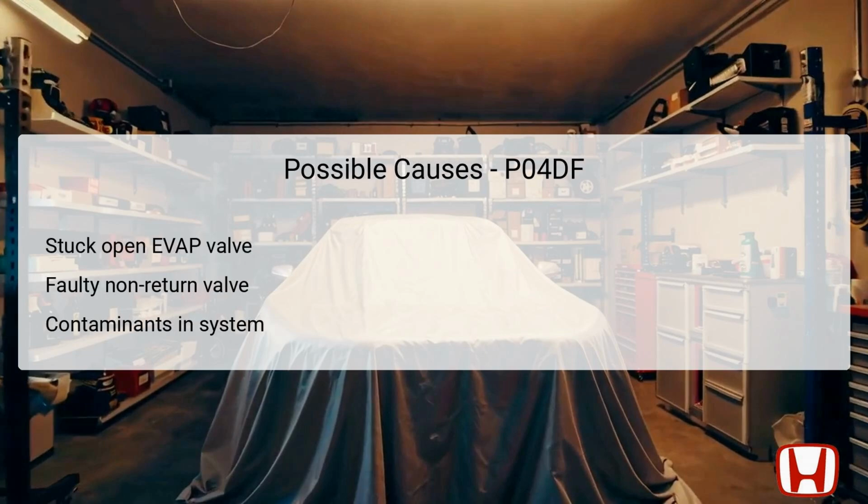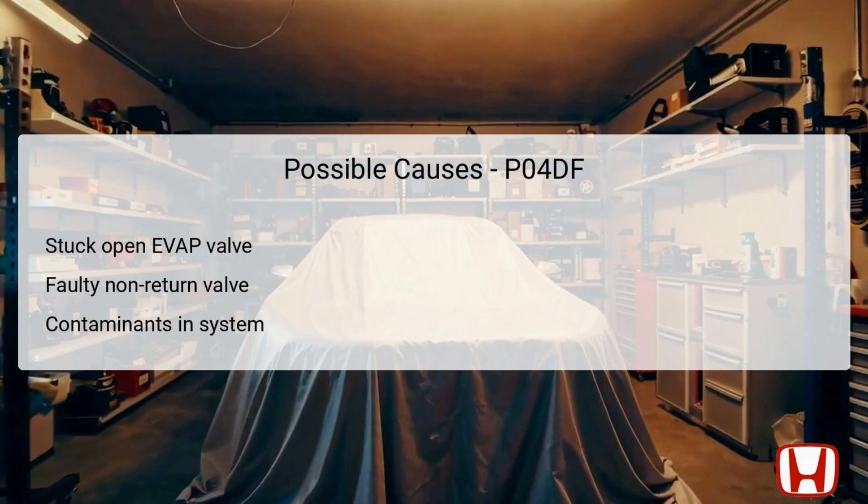There are several possible causes for the triggering of DTC P04DF. A common reason is a stuck open EVAP canister purge valve, which could be due to debris or contaminants preventing it from closing properly. Another contributor might be a faulty non-return valve that can allow vapors to flow in the wrong direction, compromising the system's integrity.